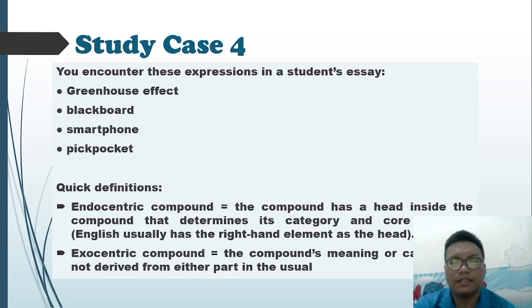English usually has the right-hand element as the head, the rightmost word. An exocentric compound is a compound whose meaning or category is not derived from either part in the usual way.